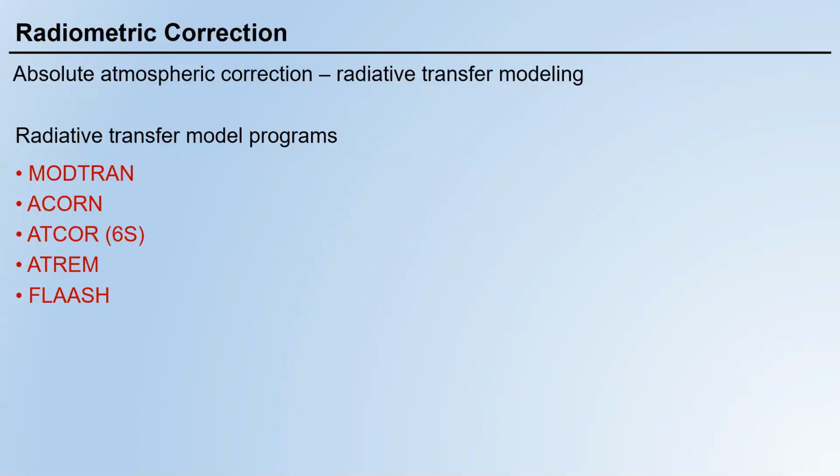That's the advantage. And they are very complex. Of course, that's a disadvantage. And another disadvantage is that when you're trying to use them, you have to provide very accurate, very complex atmospheric parameters for the area you are interested in, for the area of the image.